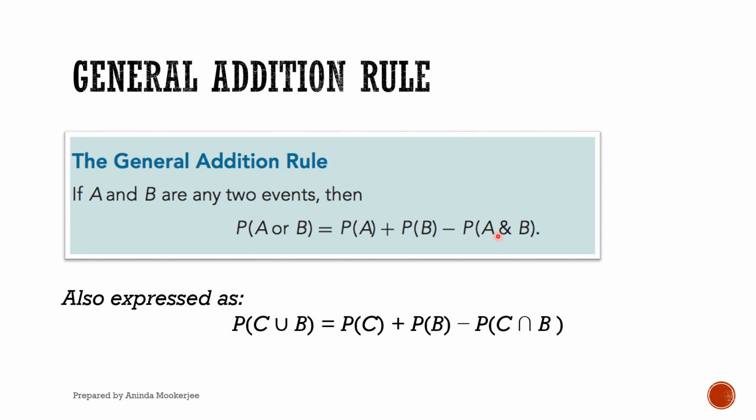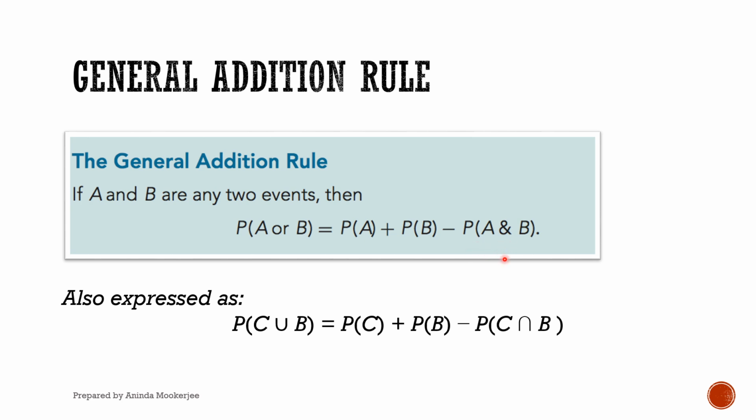Now, keep in mind, because the events are not mutually exclusive, there could be a point of intersection. There could be a common point. There could be a situation where A and B could occur together, right?